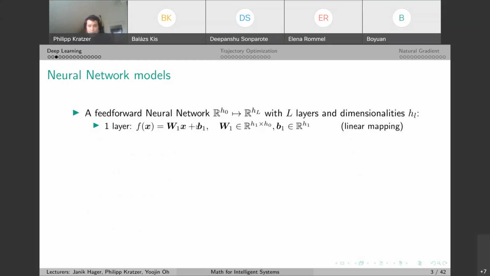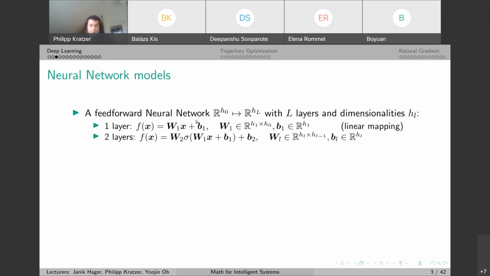You will see this is just a linear mapping, as we have seen in the lecture before. It computes a new vector, with just simple matrix multiplication and vector addition.